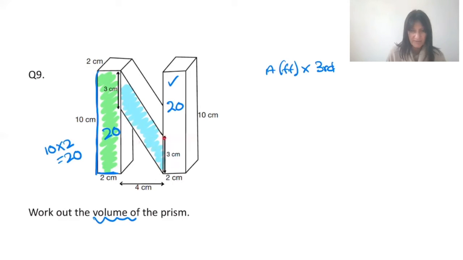This isn't the height of the parallelogram, it's a slanted edge. So even at this stage, it would break down. I am not able to find that middle section with the information that I've got in this question. So my initial thought process on how to solve this question has just broken down on me.